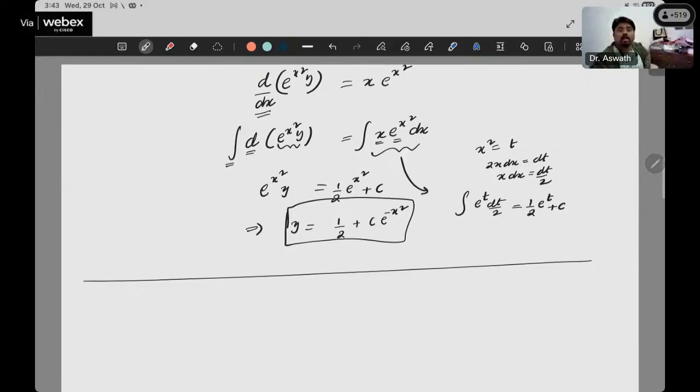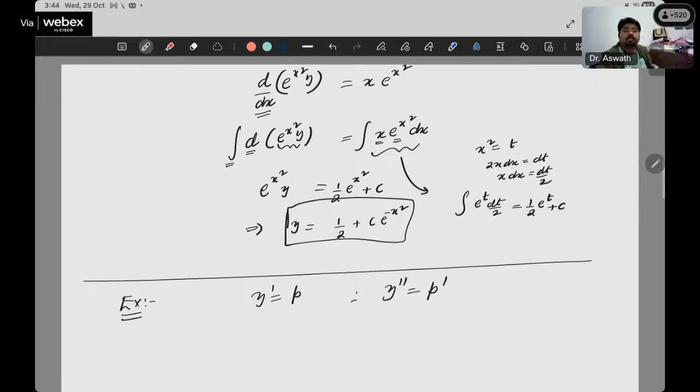There are other ways. For example, if I have a differential equation where y dash is equal to p and y double dash is equal to p dash.